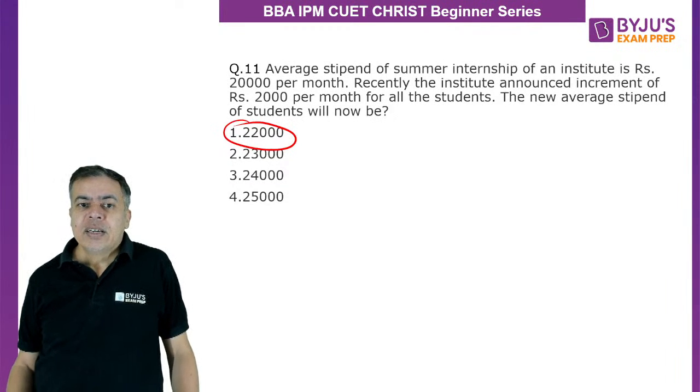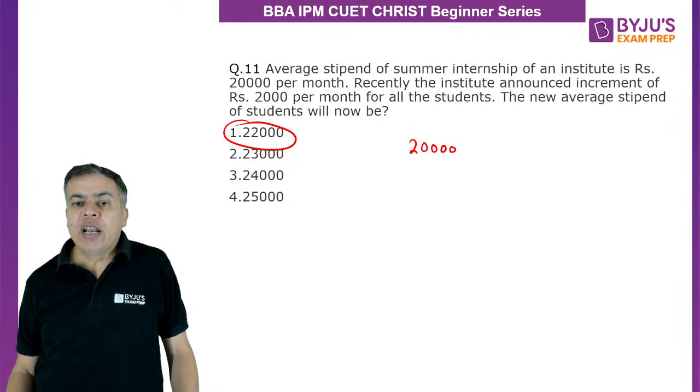Right? It is something like initially 20,000 is the average and total number of students, let's say, are n. So this was the total. And now there will be an increase of 2,000 per month for all the students.